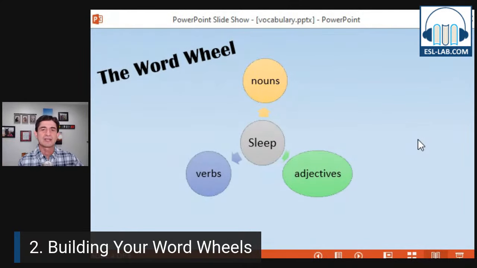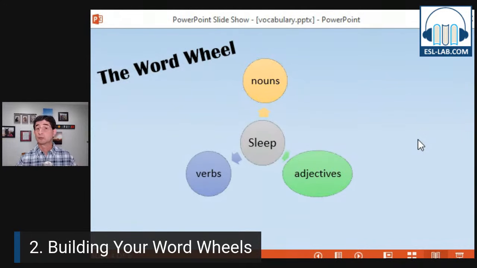But I found that, and again, as I'm talking about the idea of the Big Bang of vocabulary development and the idea of the word wheel, rather than just choosing a word like sleep and then moving on, it's often very useful to devise a word wheel.